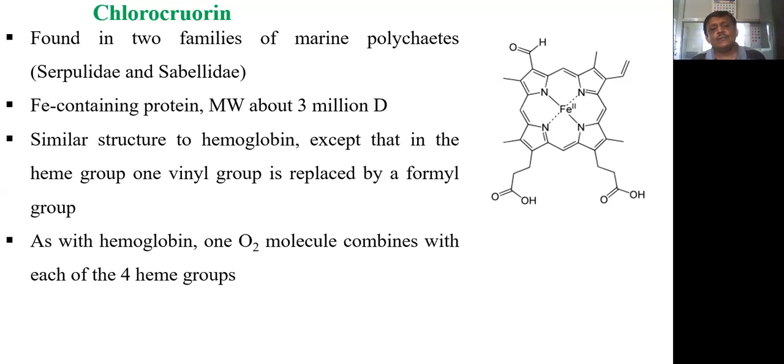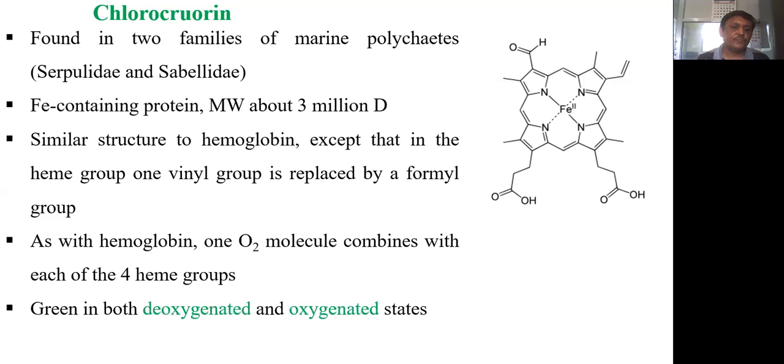As with hemoglobin, one oxygen combines with each of the four heme groups. Here also it is the same, and chlorocruorin appears green in both states, whether deoxygenated or oxygenated. It occurs in suspended form in the blood or body fluid. So this is about all four major respiratory pigments.